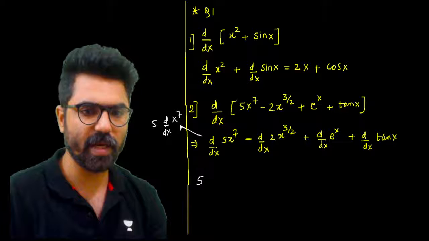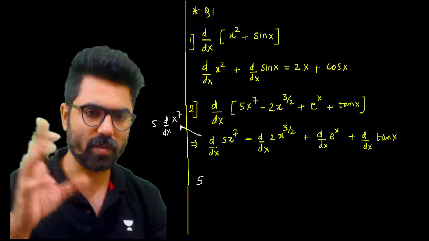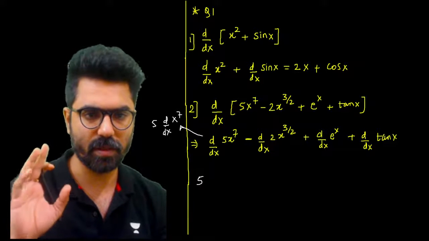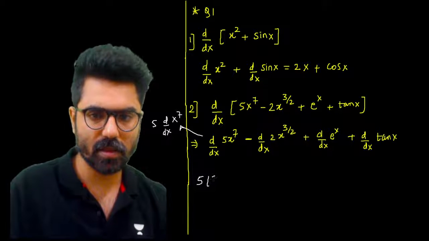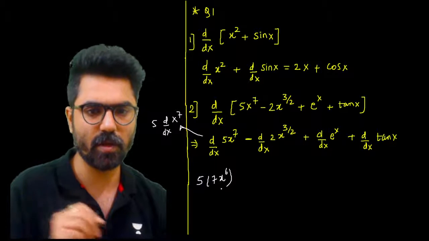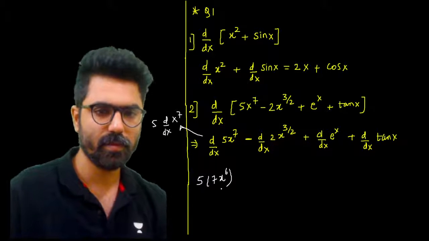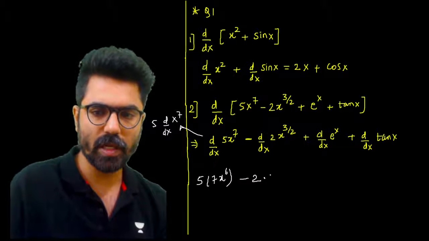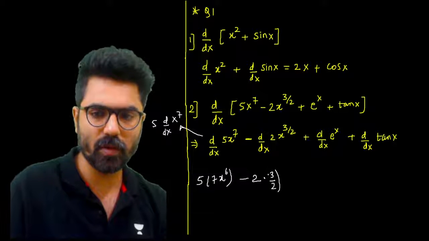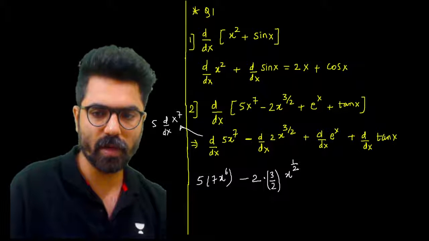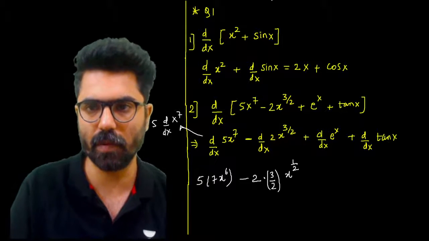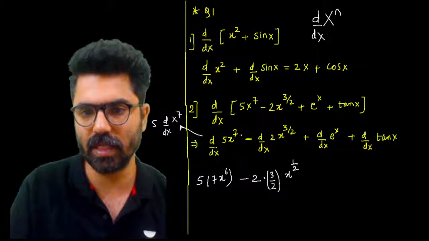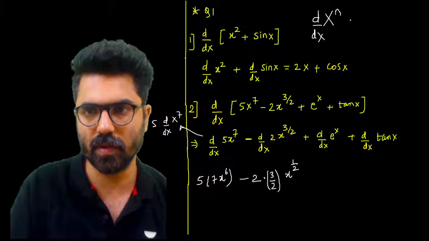That is 7 into x power 6. Similarly, 2 we have taken common. Derivative of x power 3 by 2 is 3 by 2 into x power 1 by 2. We are applying the x power n formula for the derivative, where n in this case is 7 and in the other case is 3 by 2.